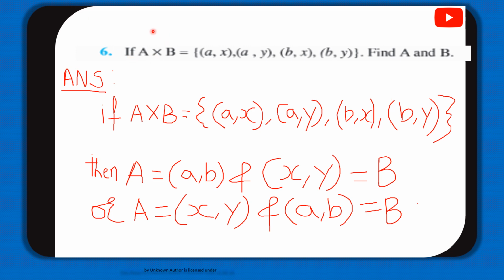If A multiplied by B is equal to {(a, x), (a, y), (b, x), (b, y)}, find A and B. Identify the elements of the Cartesian product.